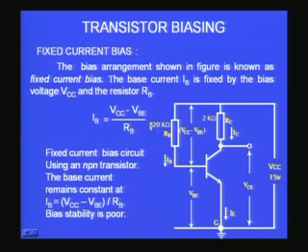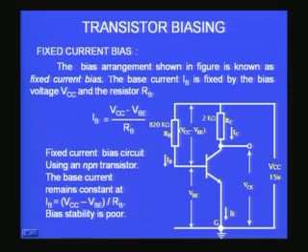Now, can we calculate what will be the base current for the given case here with VCC 15 volts and the RB, the base resistance, is 820 kilo ohm? What is the base current? Now, you can see, as far as this circuit is concerned, there is a voltage drop across the base resistor, and there is a voltage drop across the base emitter junction of the transistor, and then you are back at the ground.